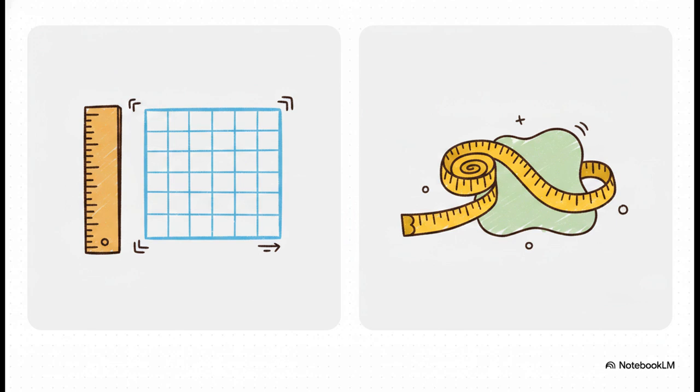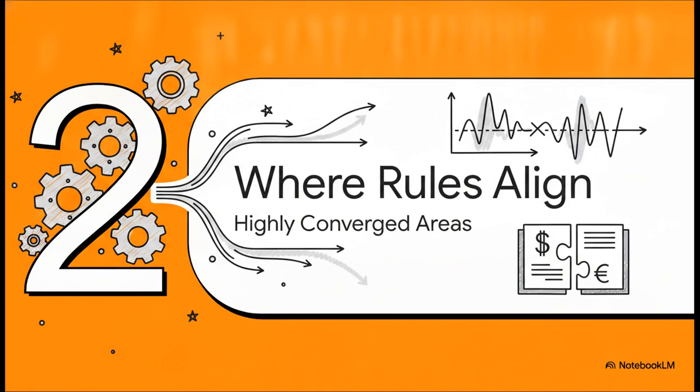IFRS, which is used by much of the rest of the world, leans into a more principles-based approach, making it inherently more flexible. And this isn't just some administrative quirk. It's a fundamental difference in how financial transparency is philosophically defined.